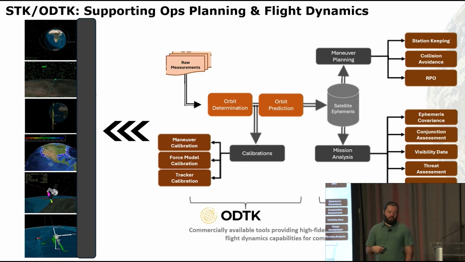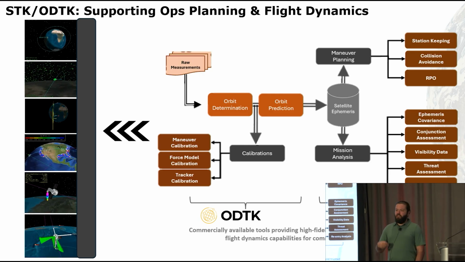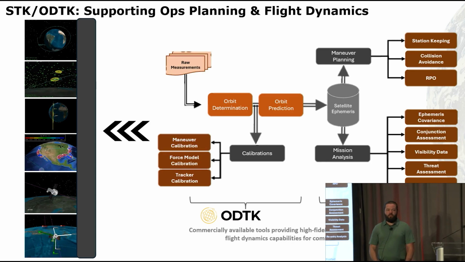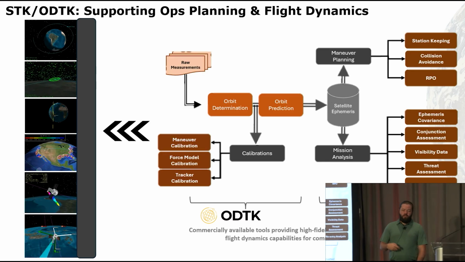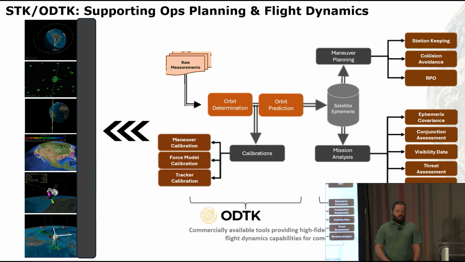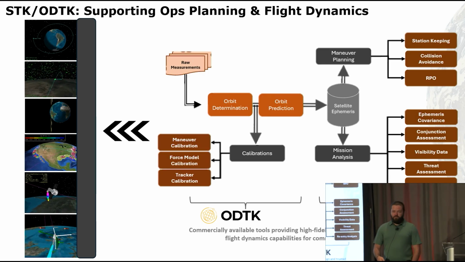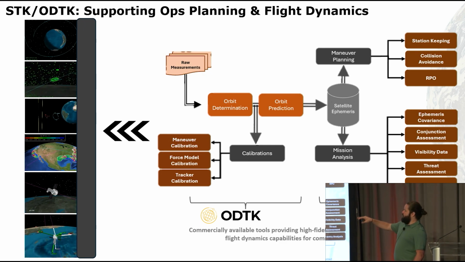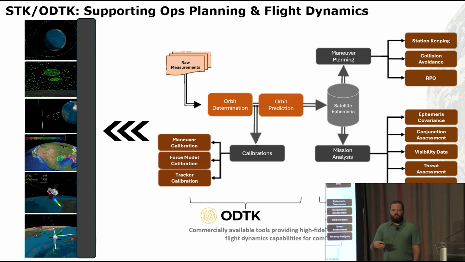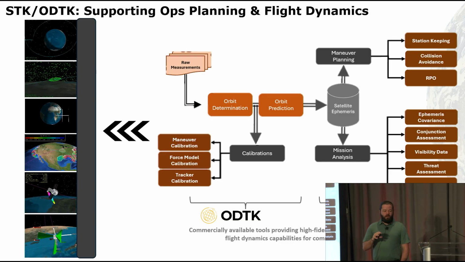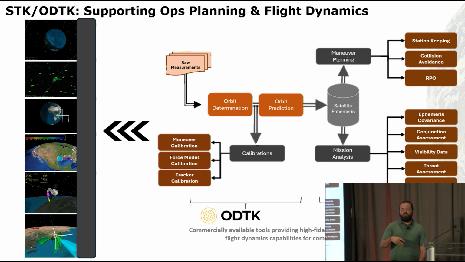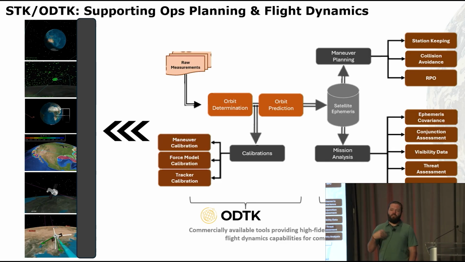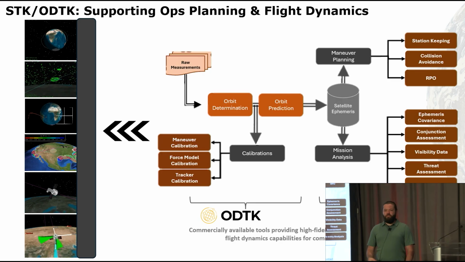You're going to get out your orbit determination, your predicted ephemeris, the ephemeris of the other satellites that you're tracking, and then you can start to look at, hey, what are my conjunction percentages? What are my force models actually looking like? Stuff like that. On the left-hand side here, you'll see a couple of different animations showing the 3D viz that helps visualize this data so that you can see what you produced and what the results of that will be.